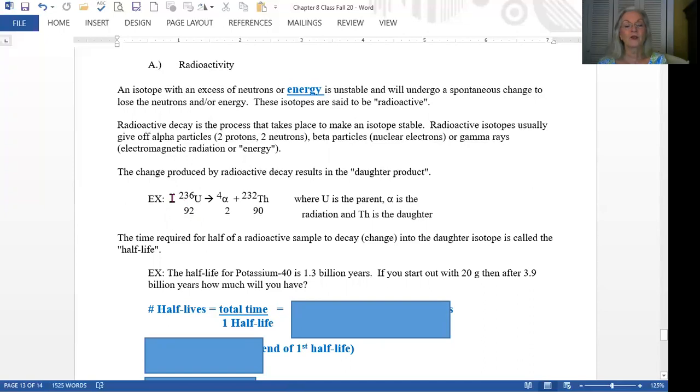So uranium-236 is the parent. This is the radiation, the Greek letter, the little alpha, and the thorium-232 is the daughter. So it's always parent by itself, radiation and daughter on the opposite side of the arrow. The time required for half of your radioactive sample to decay or change into your daughter isotope is called the half-life.